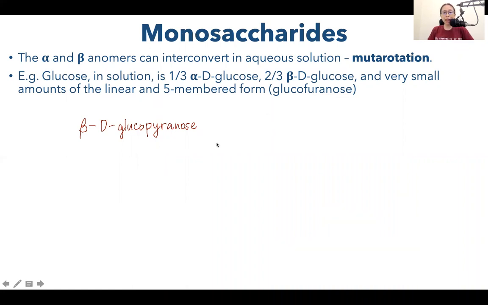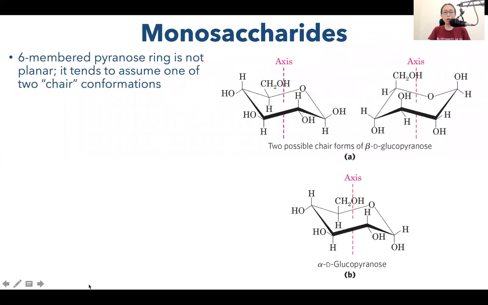So it means that your beta glucose is more stable than your alpha glucose, because at equilibrium you have a bit more of the beta glucose than the alpha glucose. And why is that? Let's go to the structure of your pyranose ring.